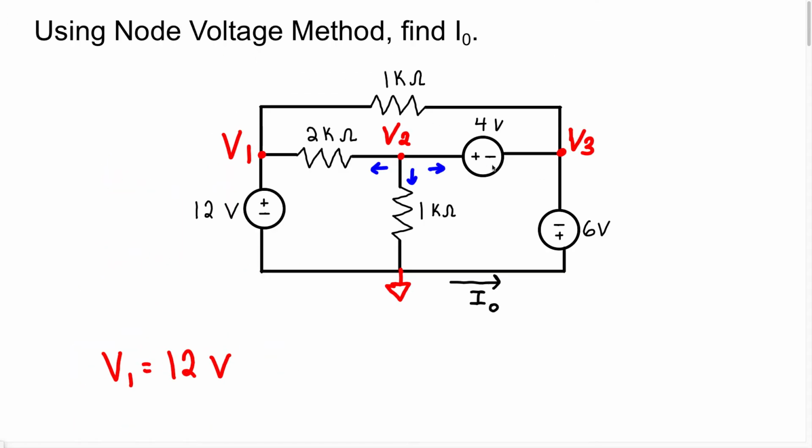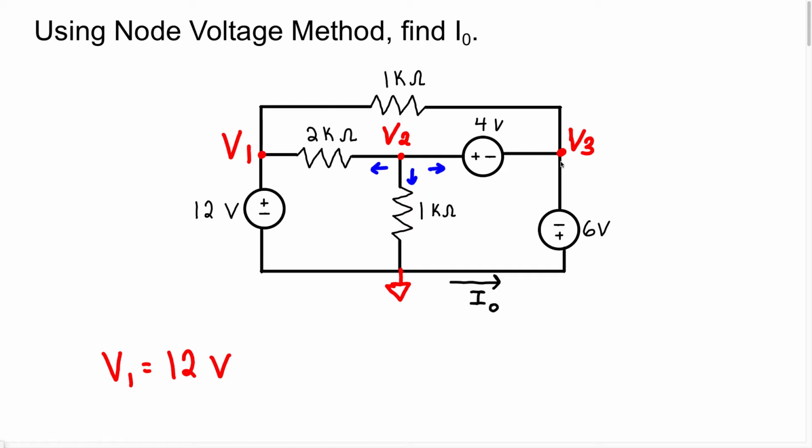But wait a minute. When you look at this now, we have a voltage source between two nodes. That's very interesting. Usually, when you have something like this, you're going to apply a concept known as the supernode. But the supernode is only going to be applied when you have a voltage source between two unknown nodes. Let's look at this for a second.